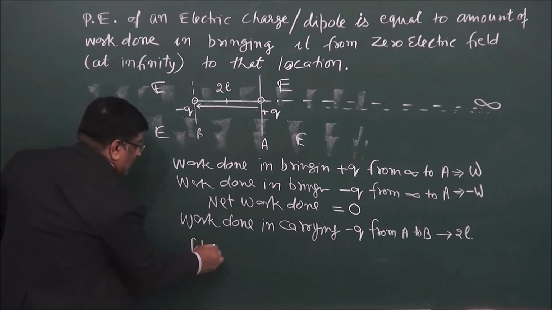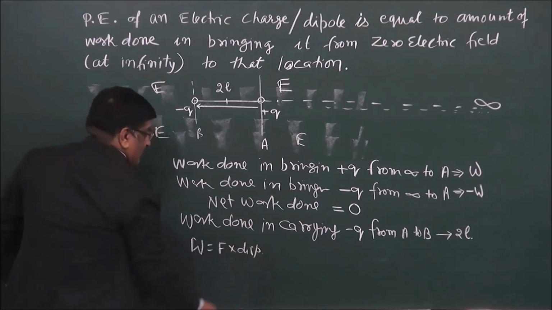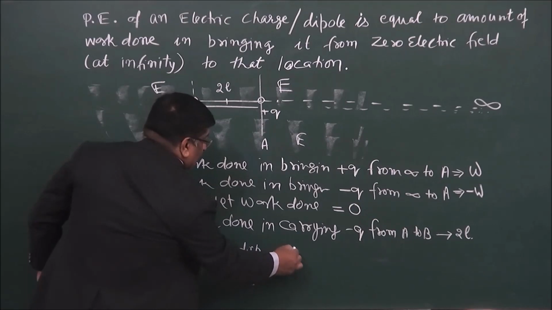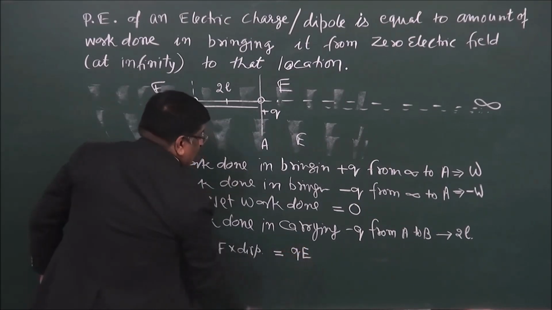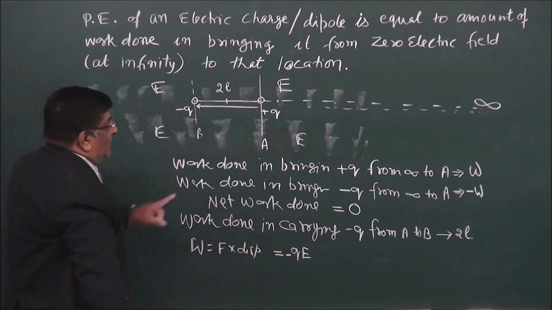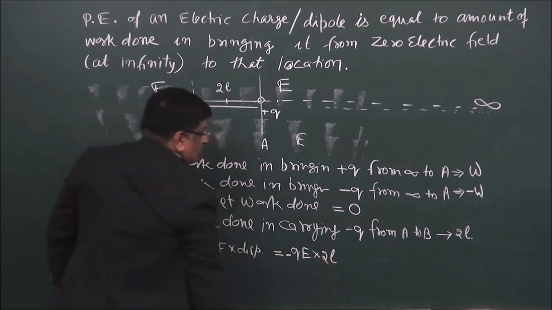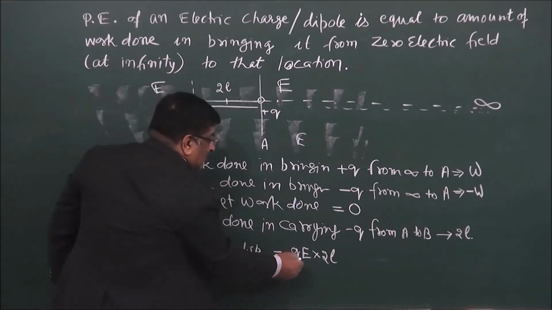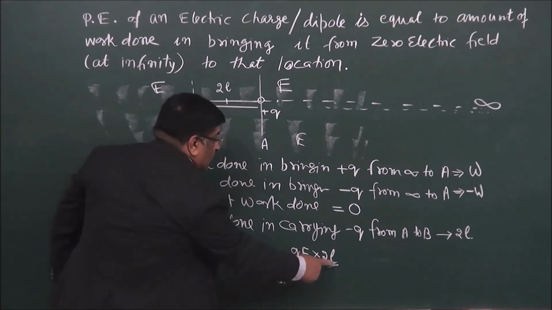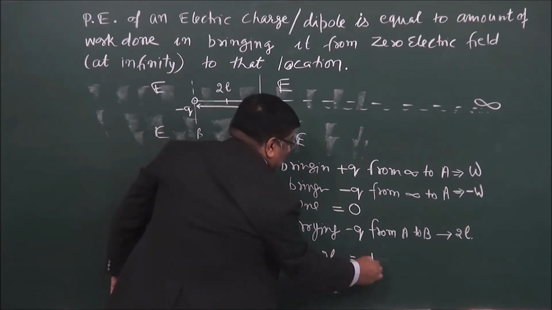Work done is equal to force multiplied by displacement. Force is equal to QE, negative. The displacement is 2L. So the work done is minus QE into 2L, and see this multiplication: Q into 2L makes P. So this is minus PE.